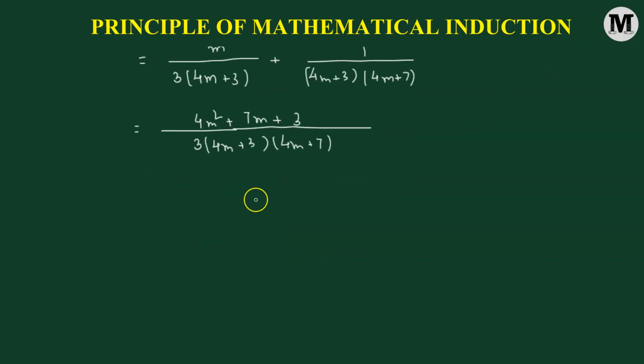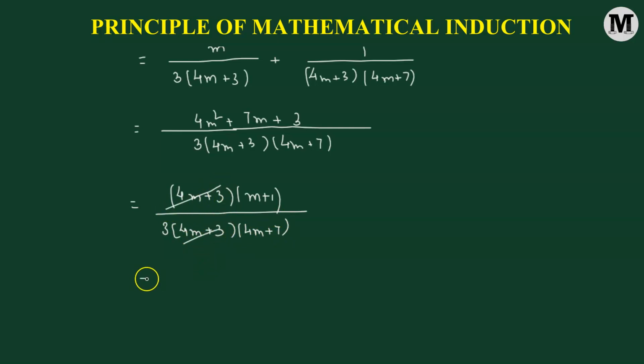Now we factorize the numerator, which gives us (4m plus 3) times (m plus 1), divided by 3 times (4m plus 3) times (4m plus 7). Here we can factor out 4m plus 3 from the numerator and the denominator. Now this is equal to (m plus 1) divided by 3 times (4m plus 7).